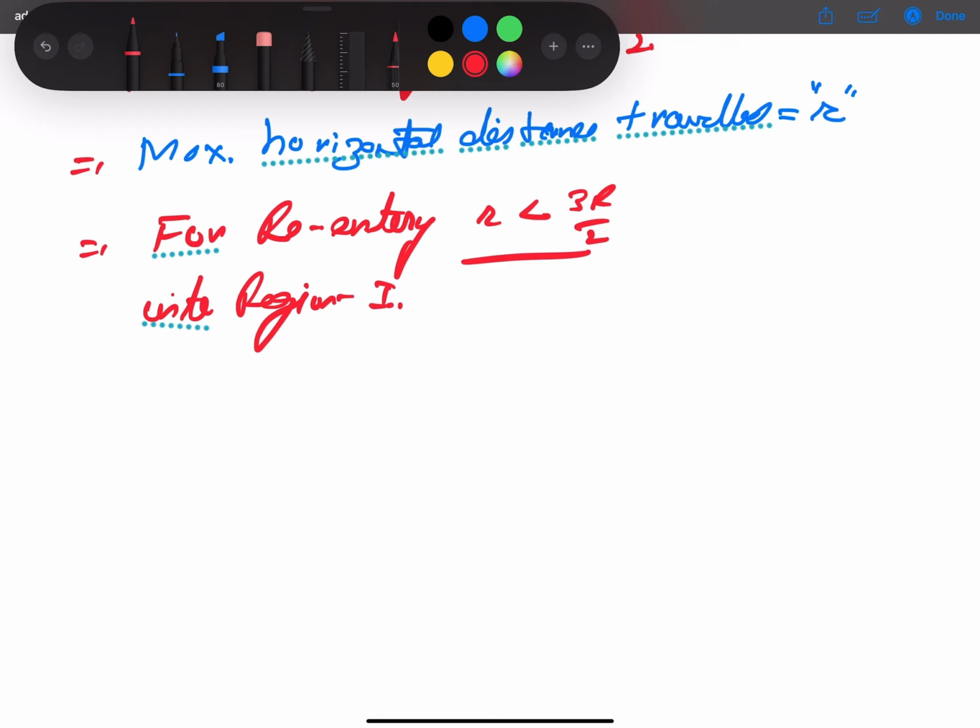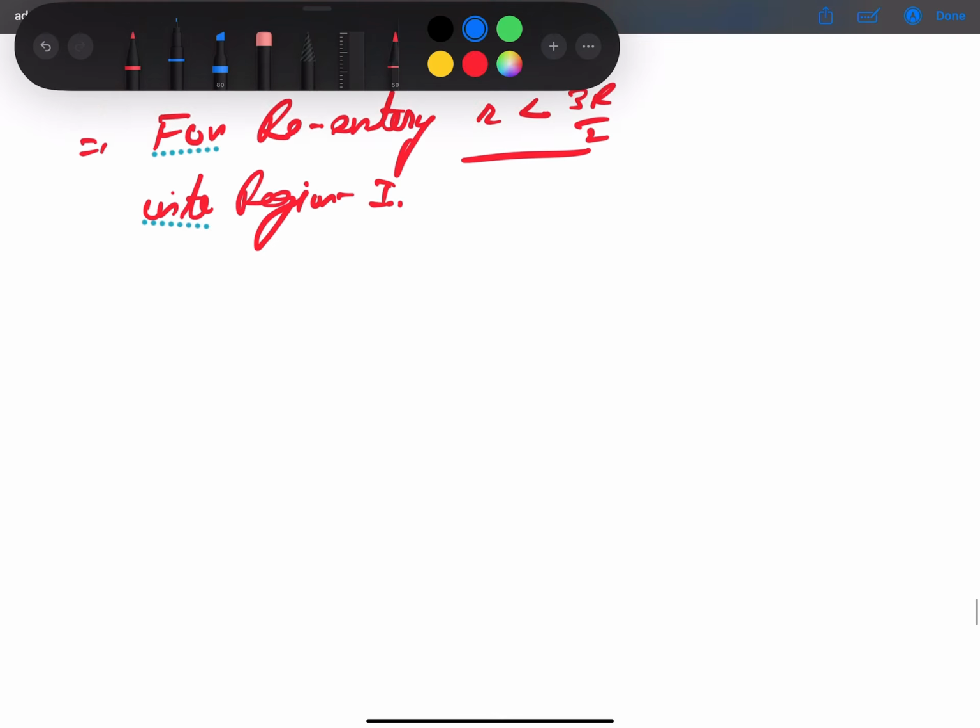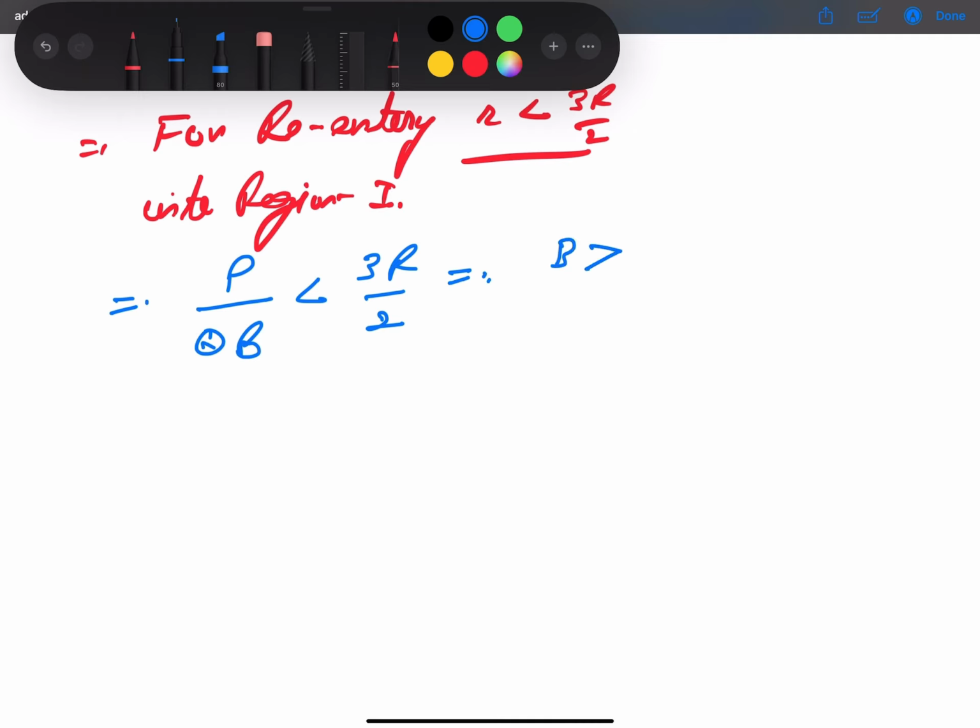We already know the value of the radius, therefore P/QB should be less than 3r/2. So this gives us that our magnetic field should be greater than 2p over 3q times r.